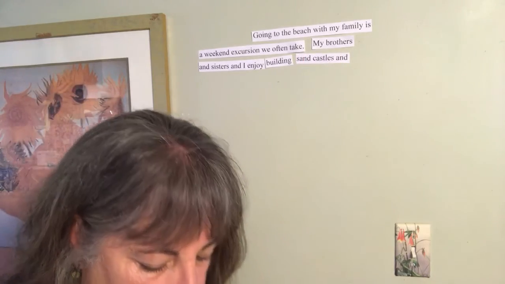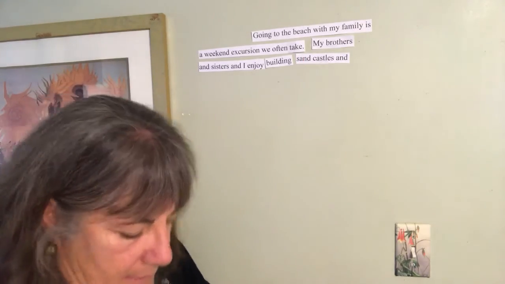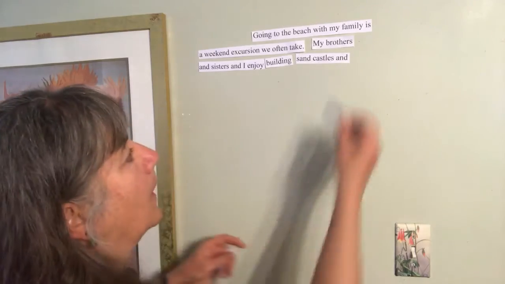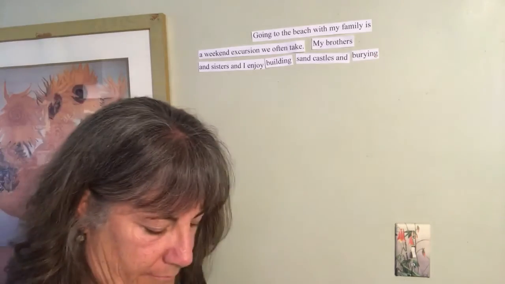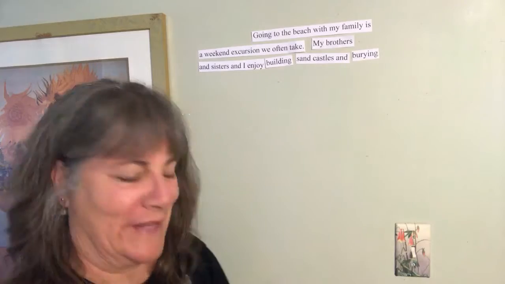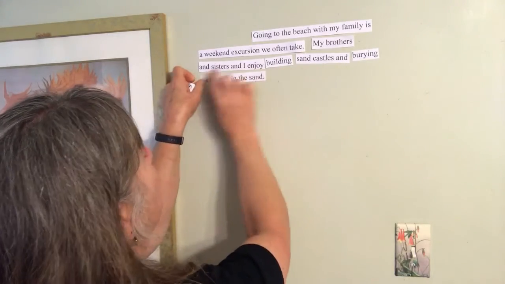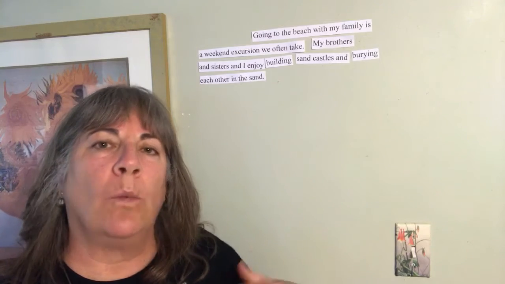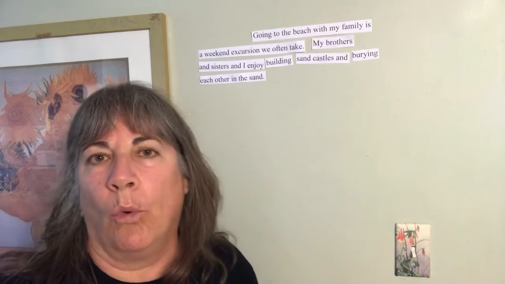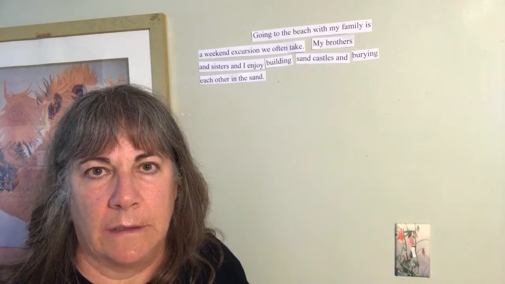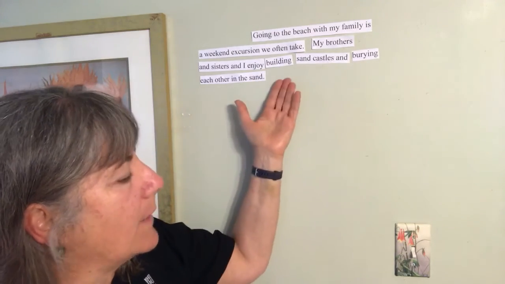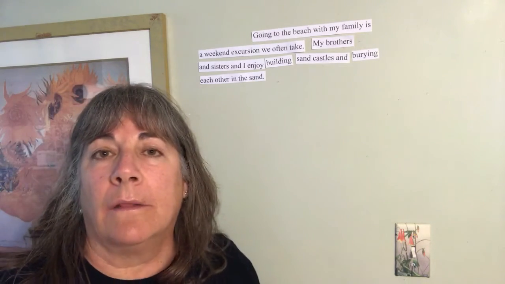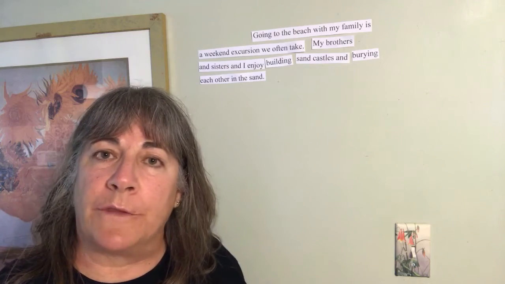Who doesn't like to bury each other in the sand? So that's a complete sentence. It is a well-developed sentence. It's more than just a few words, and it is describing an activity that you might do when you go to the beach with your family.